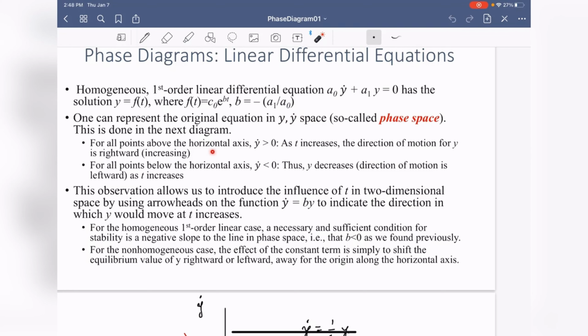For all points above the horizontal axis, y dot is greater than 0. As t increases, the direction of motion for y is rightward, so y is increasing. For all points below the horizontal axis, y dot is less than 0, thus y decreases and the direction of motion is leftward as t increases.